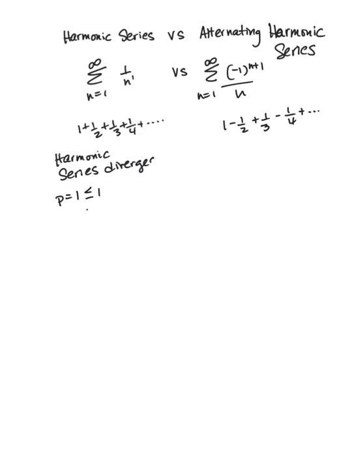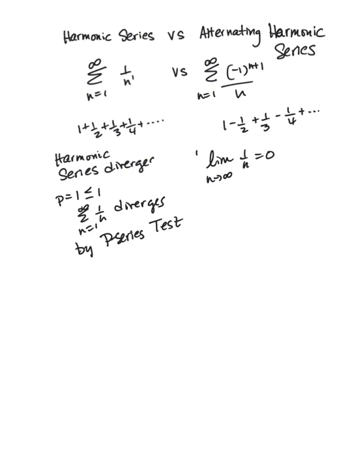So the series 1 over n, as we know, diverges by the p-series test. You can memorize the harmonic series. Now, for the alternating harmonic series, what we would say is the limit as n goes to infinity of 1 over n is 0. That's the first thing you need. You need the limit to be 0 with the absence of the alternator.